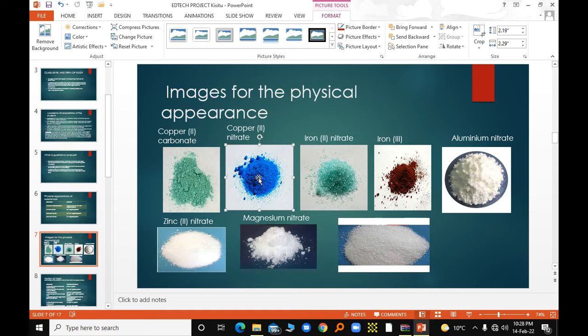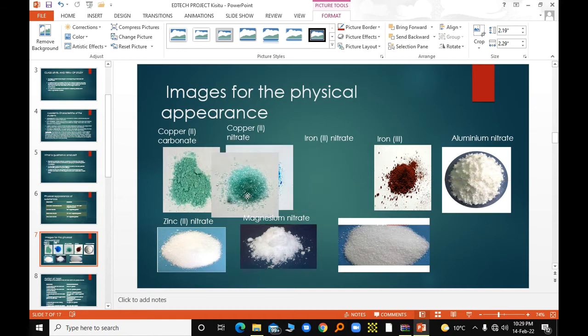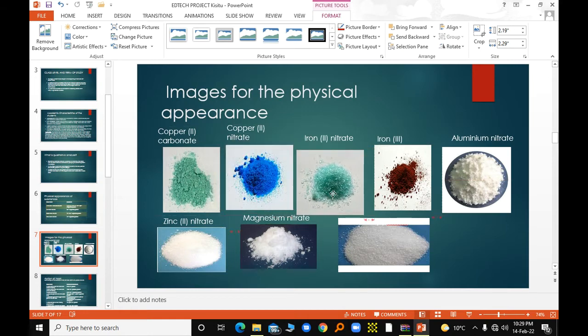Copper 2 carbonate is pale green, but copper 2 nitrate is blue. So that's why I've said, when you see green, you also suspect copper. You see iron here. Iron is also green. Look at the color of iron and the color of copper. You're seeing they resemble each other.